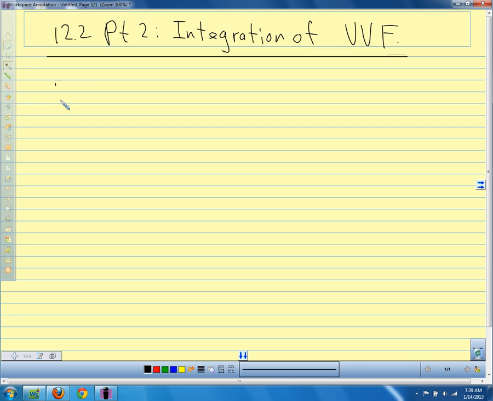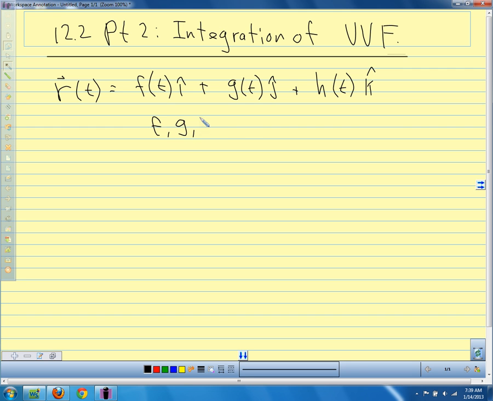So if we have our typical vector valued function, r of t equals f of t i plus g of t j plus h of t k, where f, g, and h are real valued functions, and we're going to say that f, g, and h behave nicely. f, g, and h are continuous on the interval that we're interested in, some interval a to b.